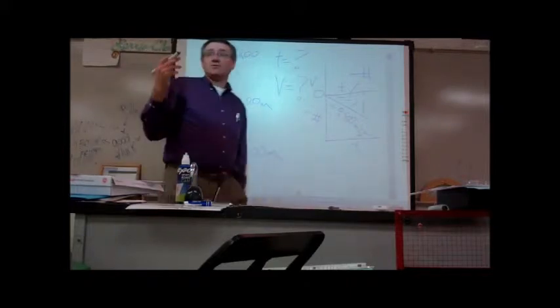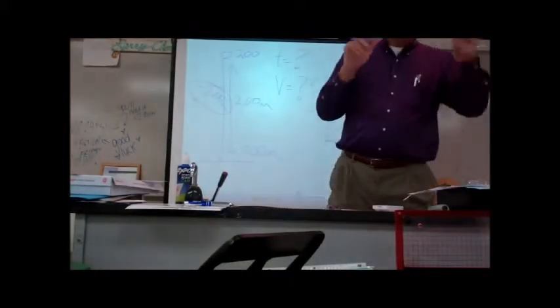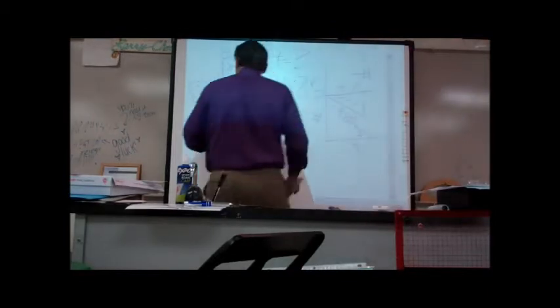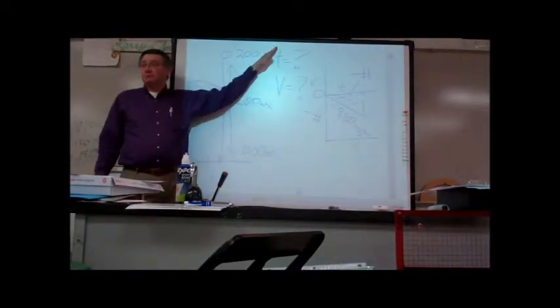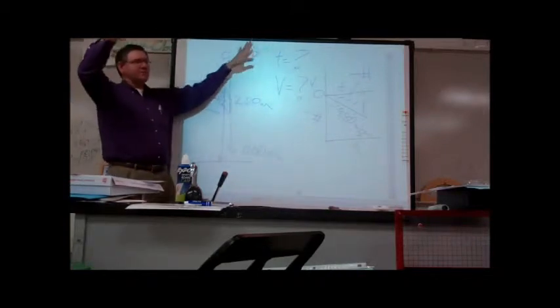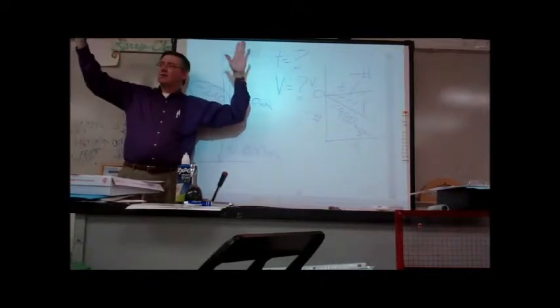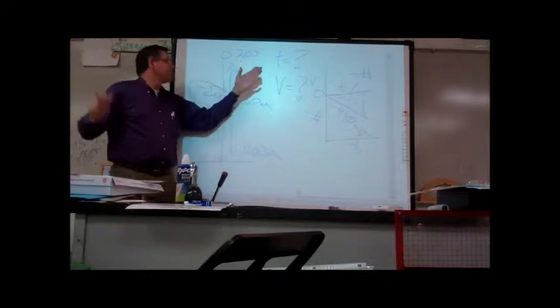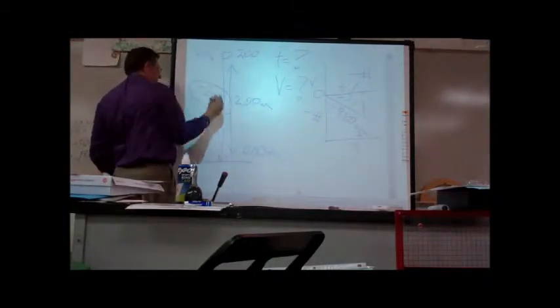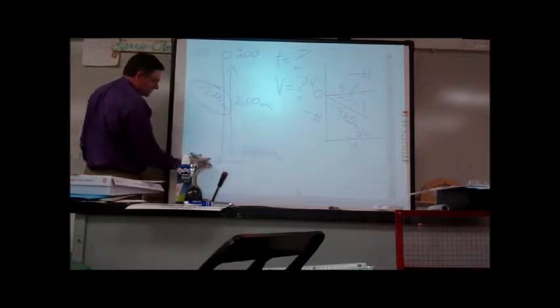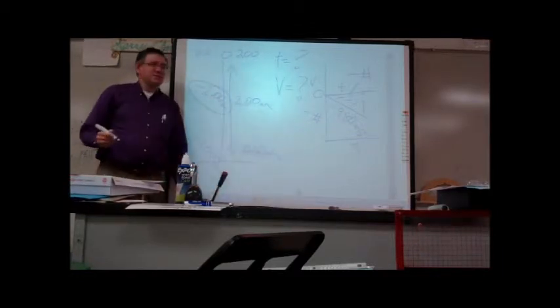Now, here's another option that you can do. It works the same way. You could make the point where you let go of it 0. Okay, that's cool. If I make this 0, then this position down here becomes negative 2 meters.